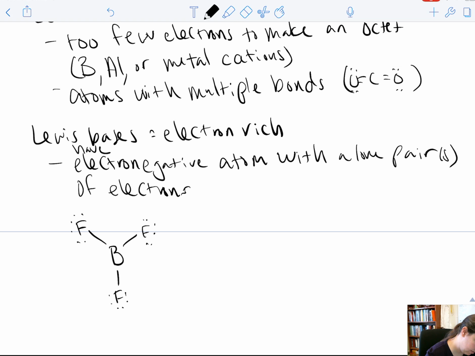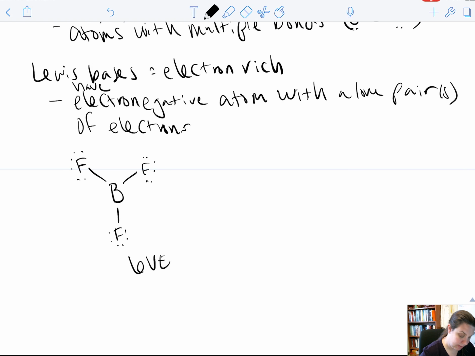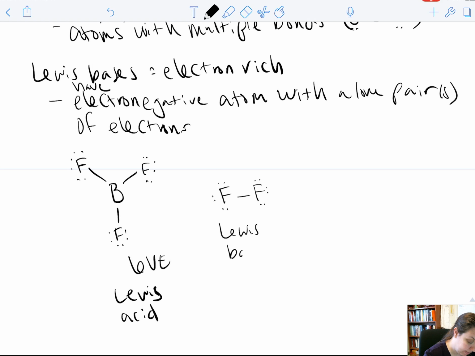Here we have boron. Boron is electron deficient. It only has 6 valence electrons around it. So we would call this a Lewis acid. And something like F2 would have an element that is electronegative with a lone pair. So this would be our Lewis base.